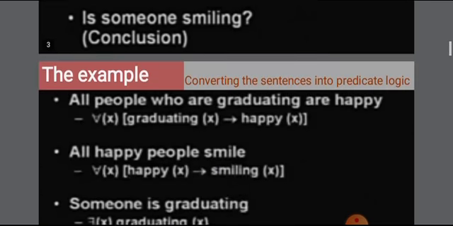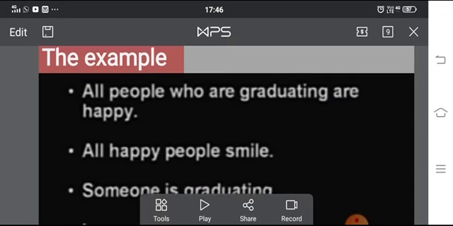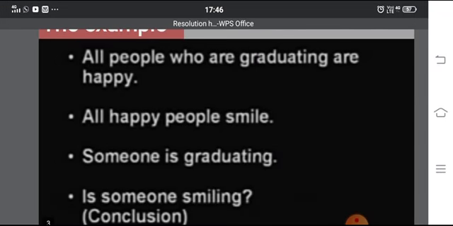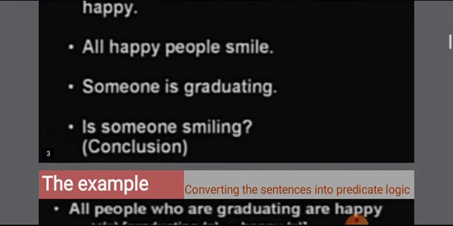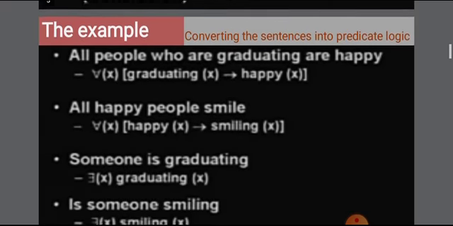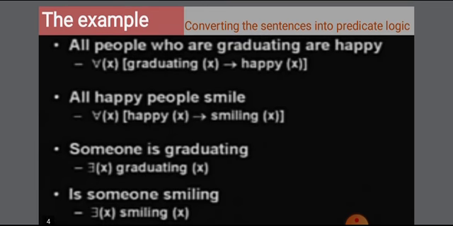See here, in the process of resolution, what we had done: we had first taken the example, after that converted all the sentences in the English language into predicate logic.